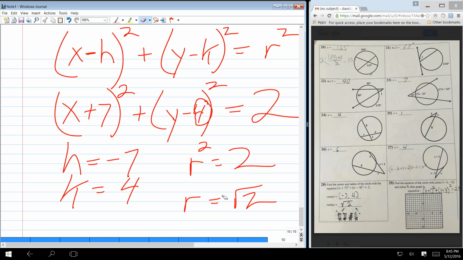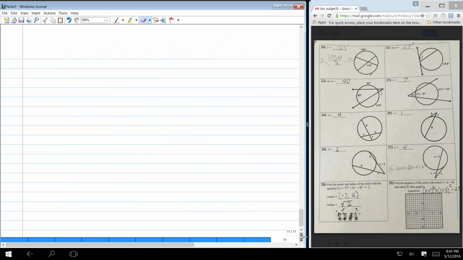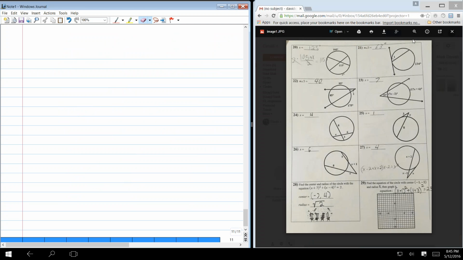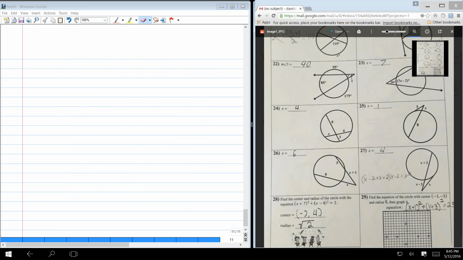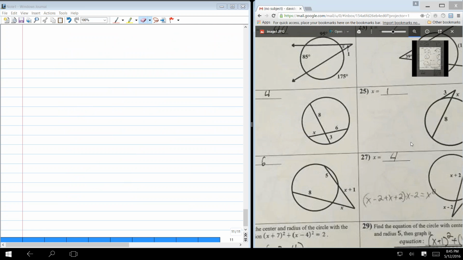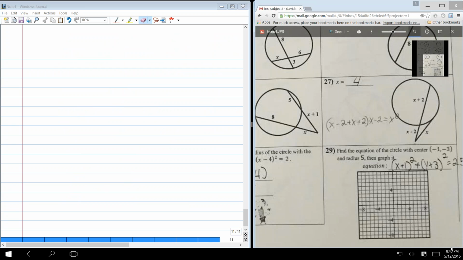Okay. And one more problem here. Let me blow it up so we can see it, because I can get to this problem earlier. Find the equation of the circle whose center is at -1, -3, and the radius is 5, and then graph it.